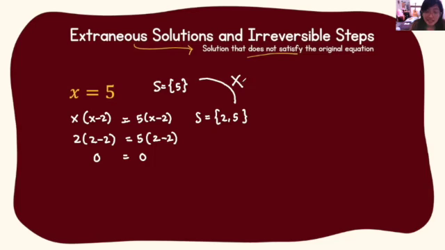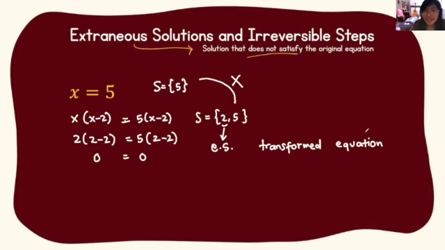Now, the 2 here is what we call an extraneous solution, because it's not a solution for the original equation. It's the solution for the transformed equation. Again, it does not satisfy the original equation.